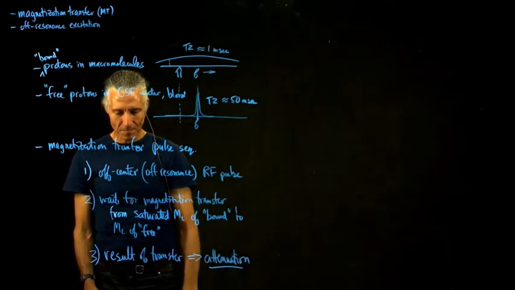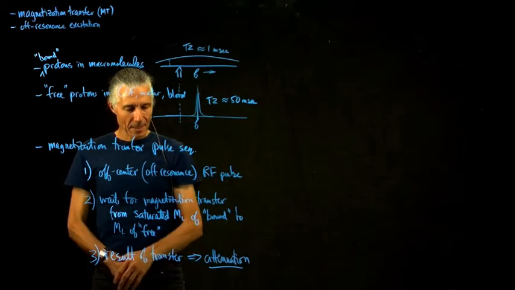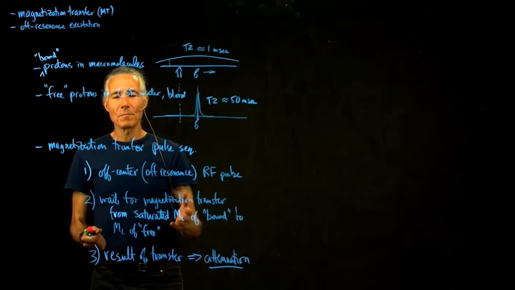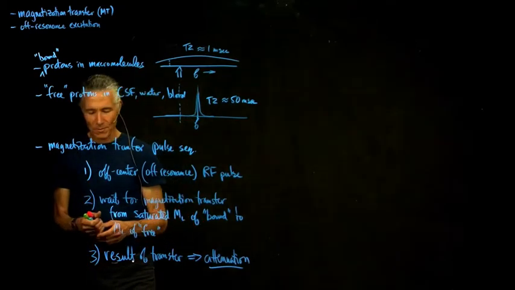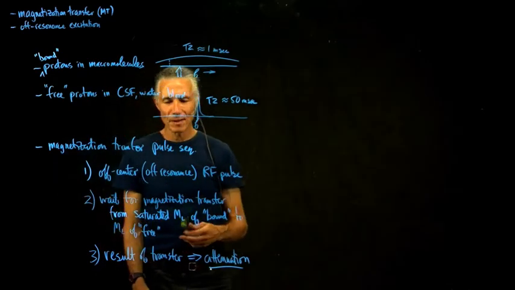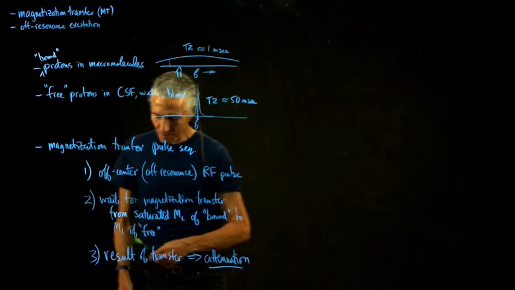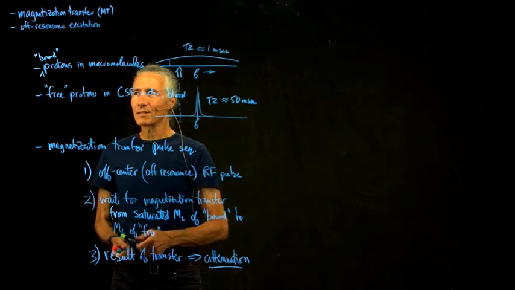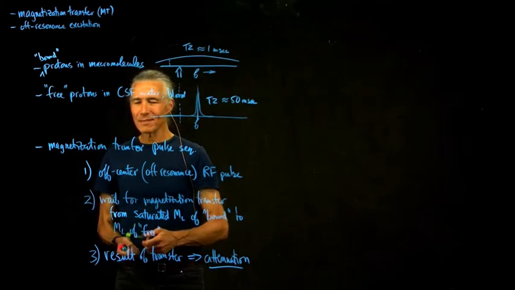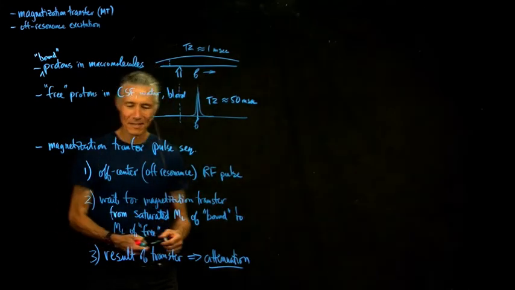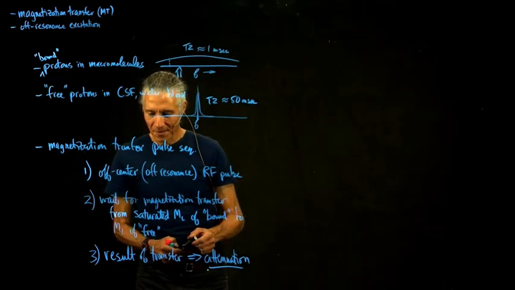So when you look at this, what are the things that immediately jump out at you? Well, you say, aren't all pulse sequences like this? And they kind of are.